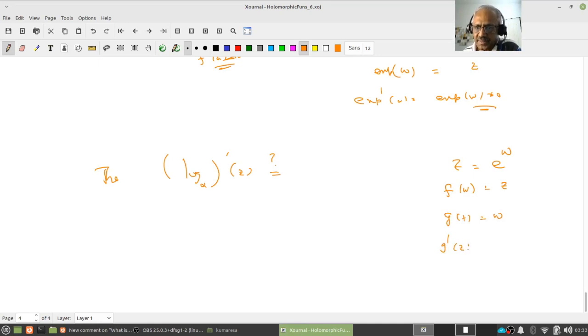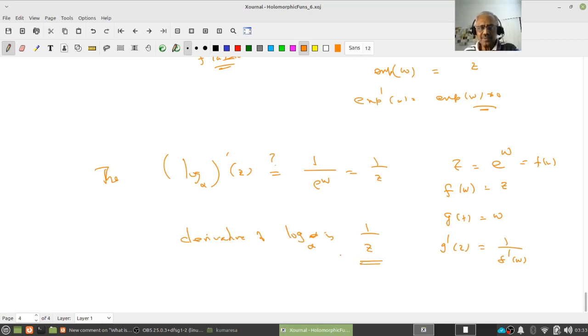Therefore, g dash at z is 1 by f dash at w. You follow that? So 1 by f dash at w is 1 by e power w, since f dash w is e power w. But that is 1 by z. Therefore, the derivative of log alpha is 1 by z. Do you agree with that?